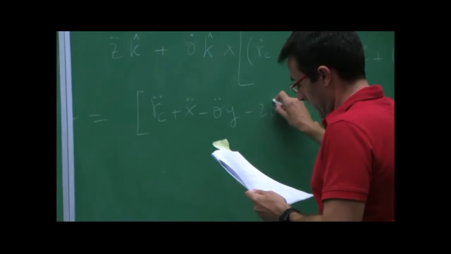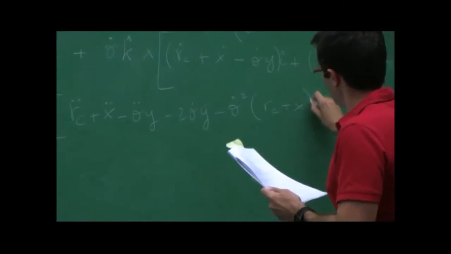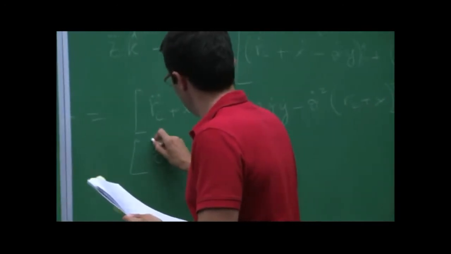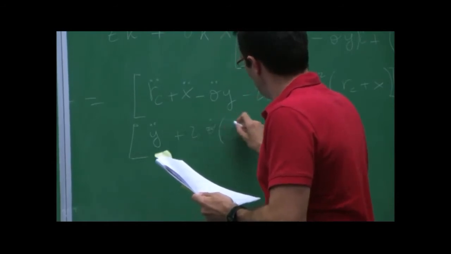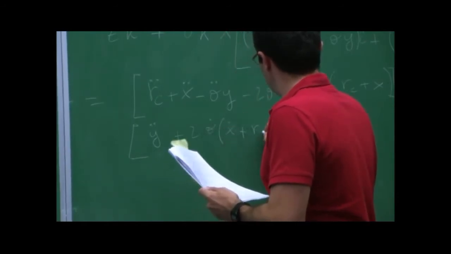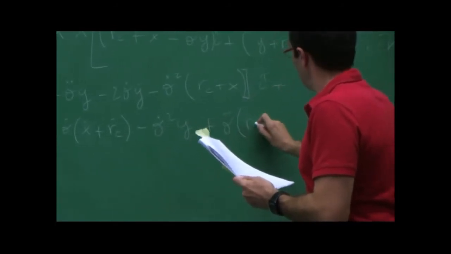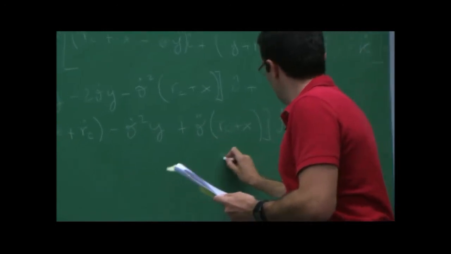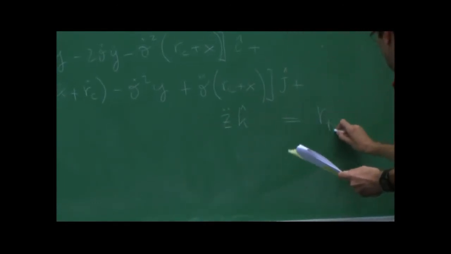Okay, minus 2 theta dot y dot minus theta dot squared rc plus x, I, on the second direction, I have something as long as this, y double dot plus 2 theta dot x dot plus rc dot minus theta dot squared y plus theta double dot rc plus x on the j direction, and then the most beautiful one is the last one, z double dot k. Done.